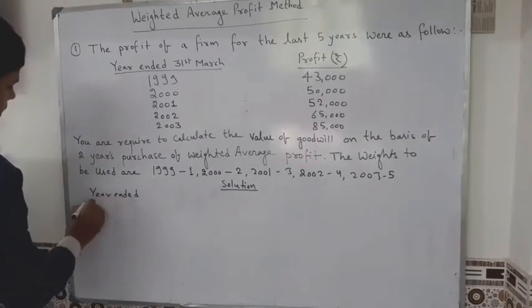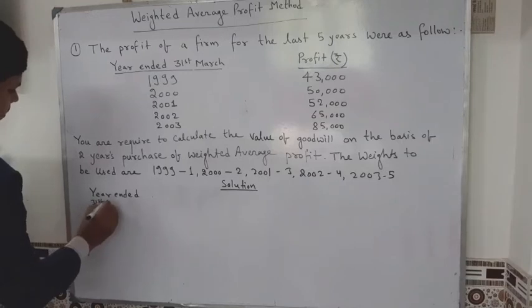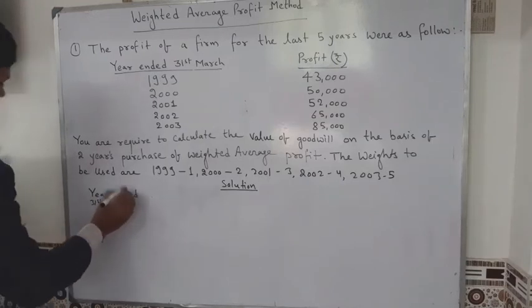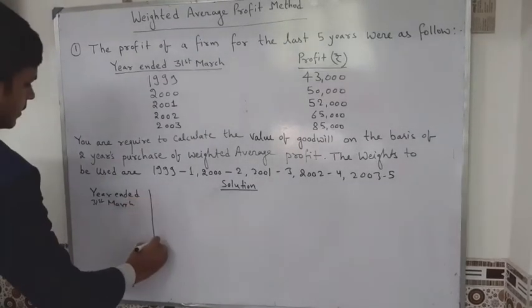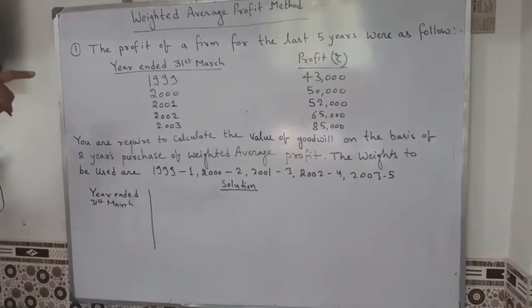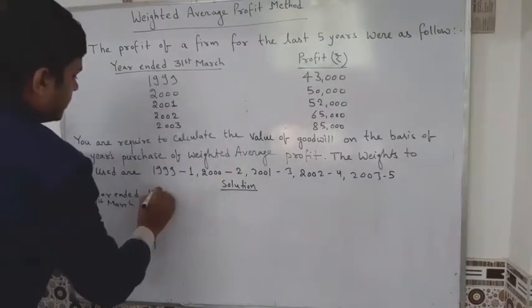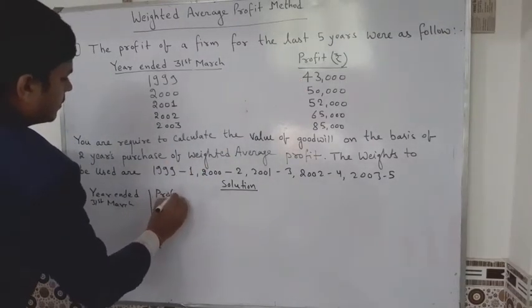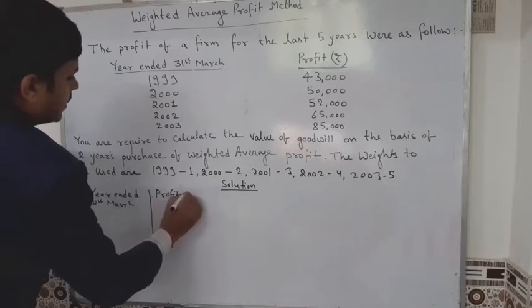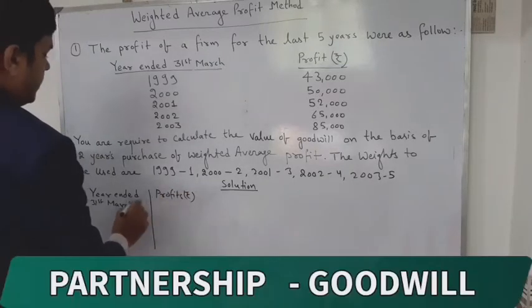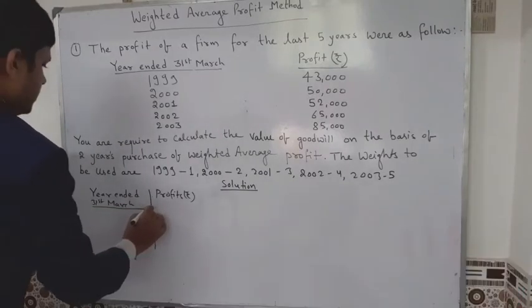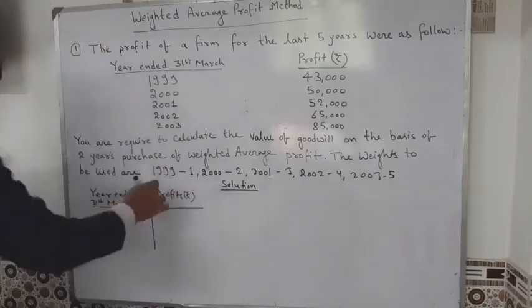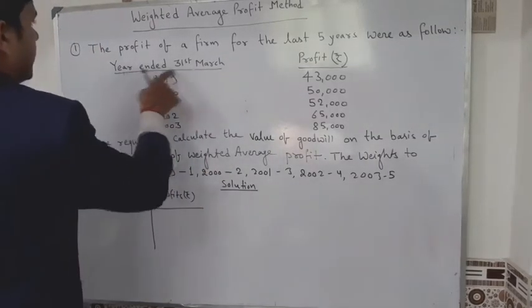Then the next column is profits. This is profits, in rupees. This is the profit and this is the year ended.